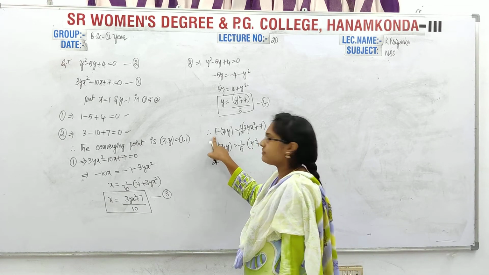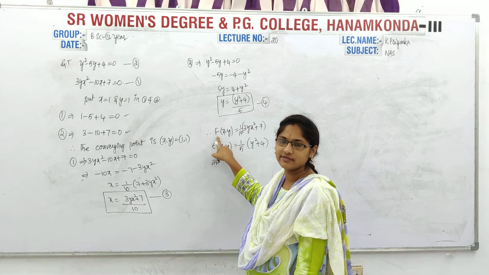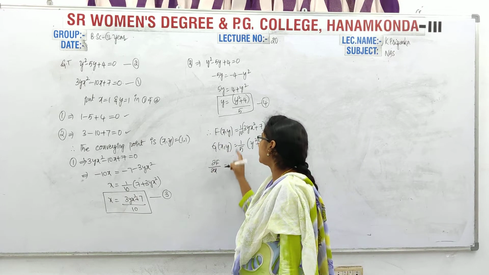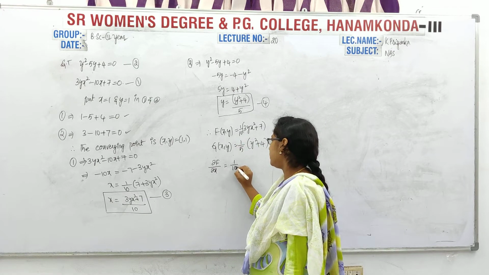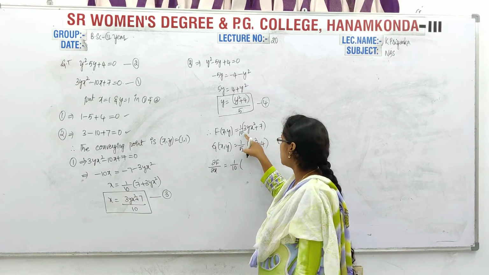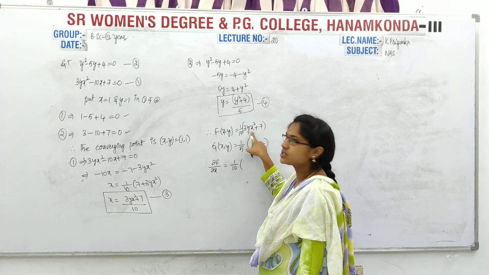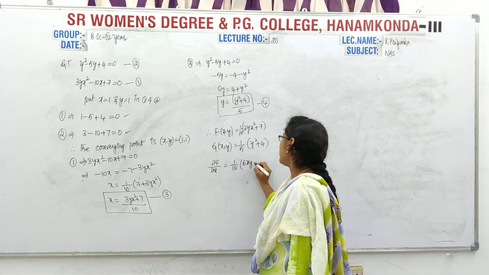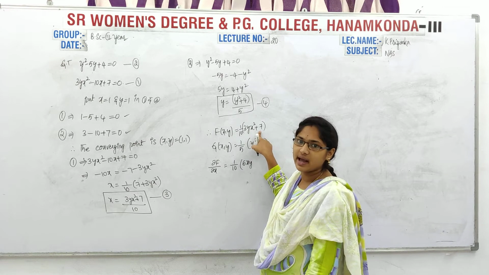Now dou f, we have to differentiate f with respect to x and with respect to y. Then dou f by dou x: 1/10 will be constant. And next with respect to x, x square derivative is 2x, so 6xy, and 7 is a constant, its derivative is 0.